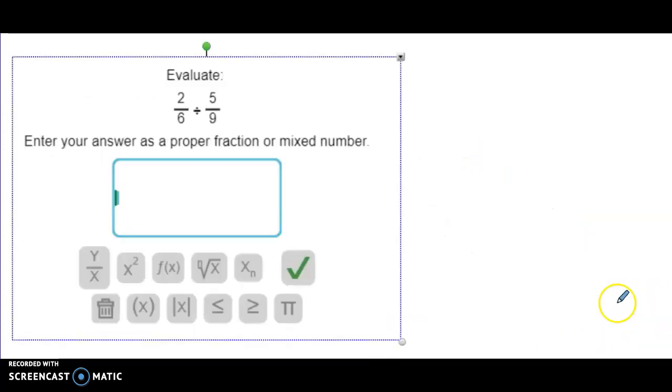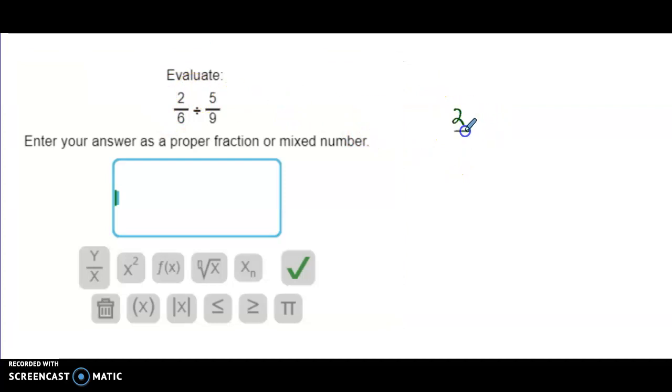And do I have another example here? Yep, division. The algorithm is to keep the dividend as it is, change the division sign to its opposite operation of multiplication, and the reciprocal of the divisor or second fraction. So that is 9/5.